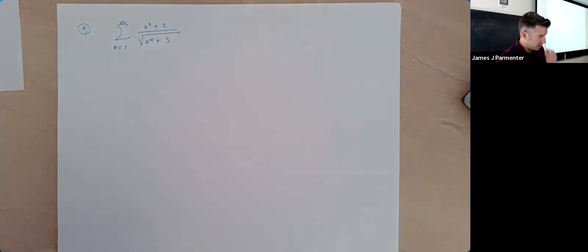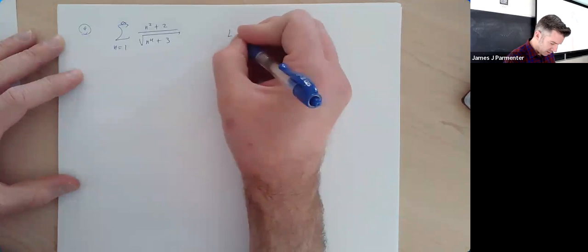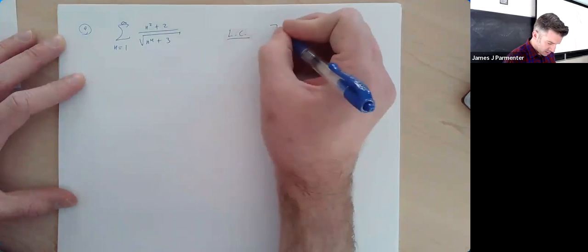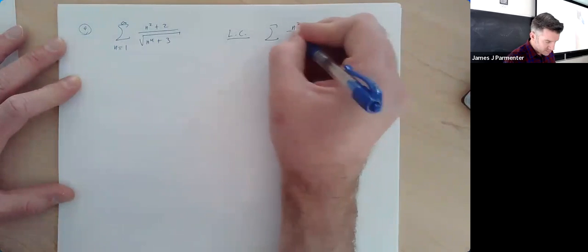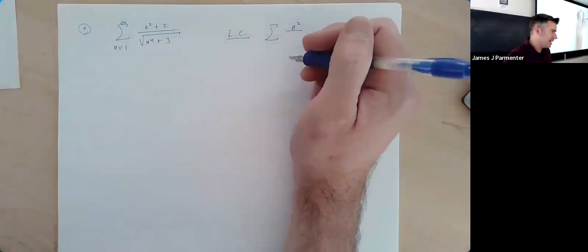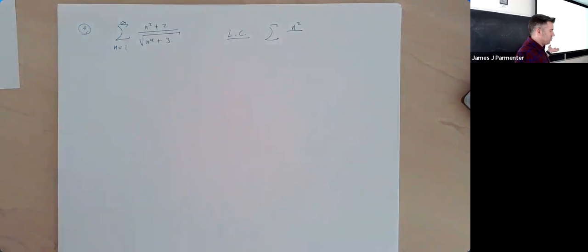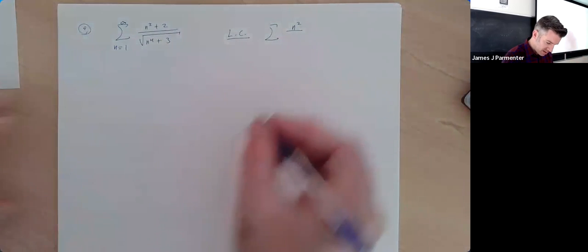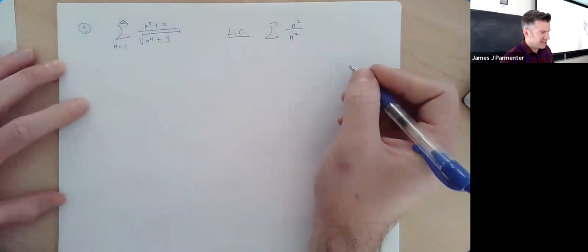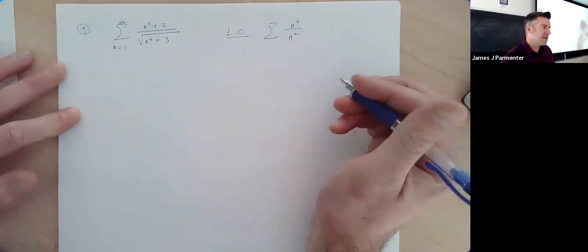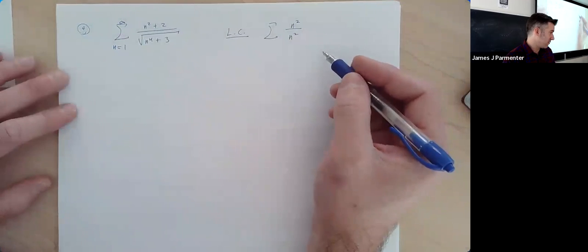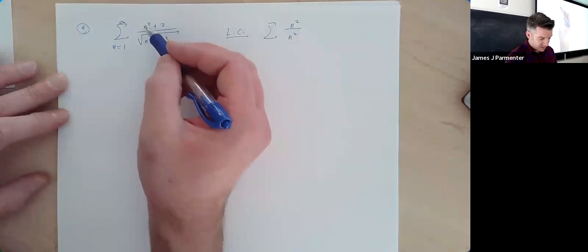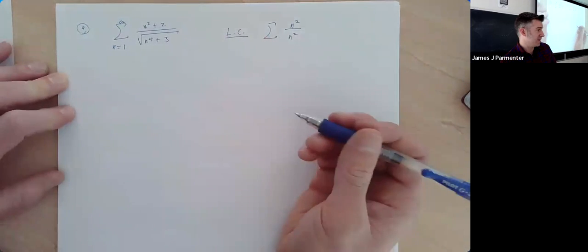Technically, if you wanted to, you could limit compare this to the sum of, what's my highest power on the top, and kind of, not exactly, but essentially, what is my highest power on the bottom? Which looks like it's just 1, which might lead me to think maybe I should be thinking of the nth term test before I even try limit comparison. Because my highest power on the top and the bottom are kind of the same, I probably just use the nth term test.